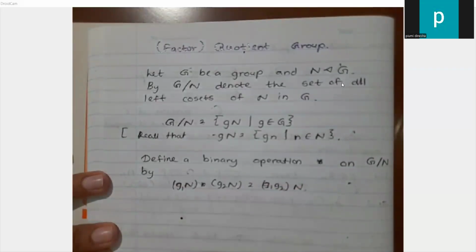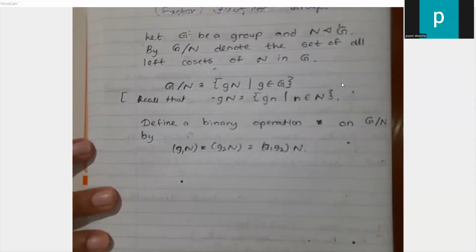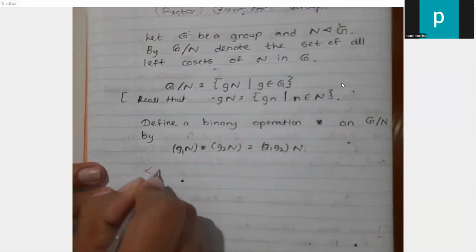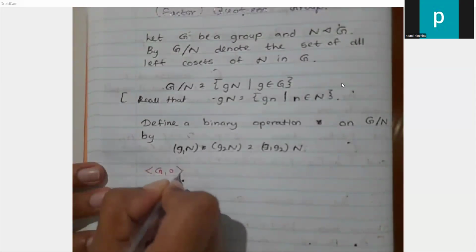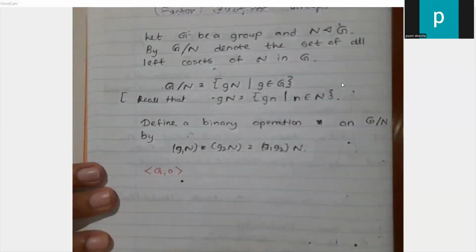If I further clarify what we mean by all this, let's suppose our group G is under the binary operation given by this circle.